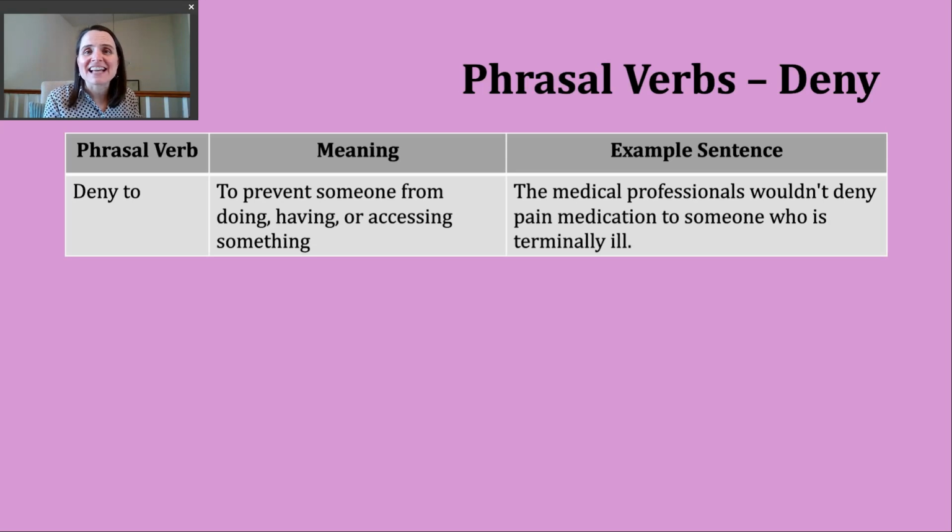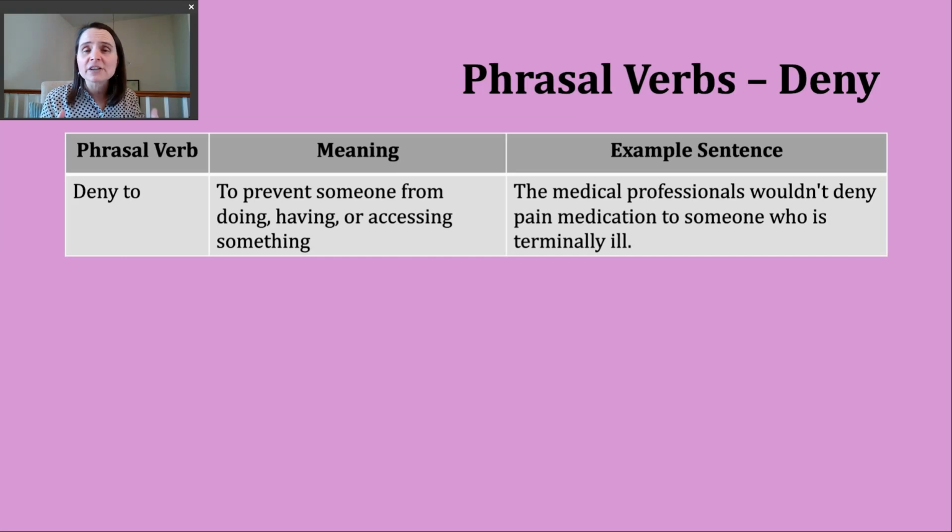Let's look at this phrasal verb in an example sentence. The medical professionals wouldn't deny pain medication to someone who is terminally ill. Okay, so this phrase terminally ill might be new.